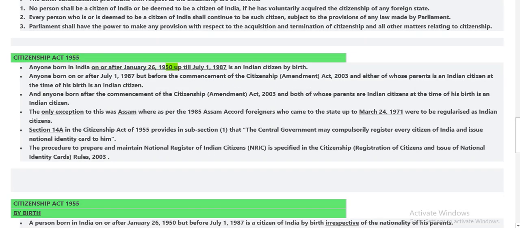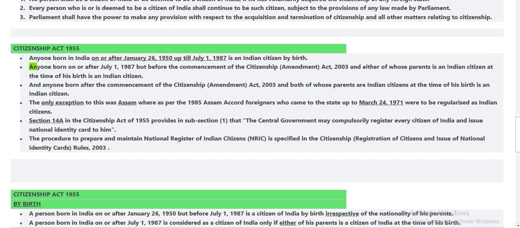Citizenship Act 1955. Anyone born in India on or after January 26, 1950, up till July 1, 1987 is an Indian citizen by birth. Anyone born on or after July 1, 1987 but before the commencement of the Citizenship Amendment Act 2003 and either of whose parents is an Indian citizen at the time of his birth is an Indian citizen.